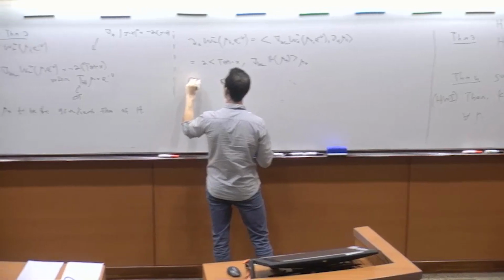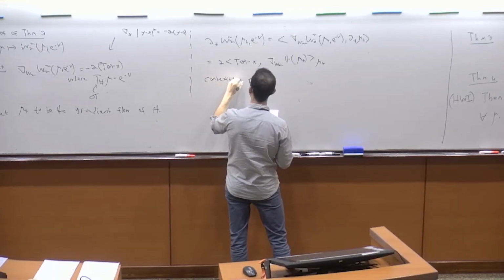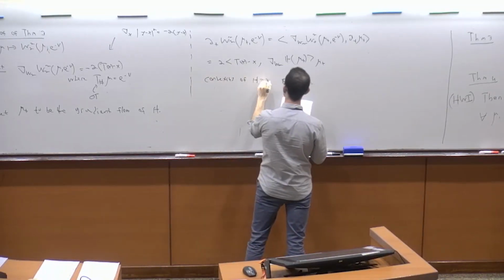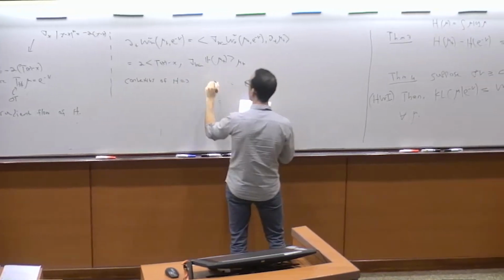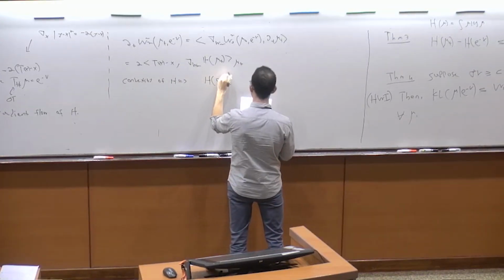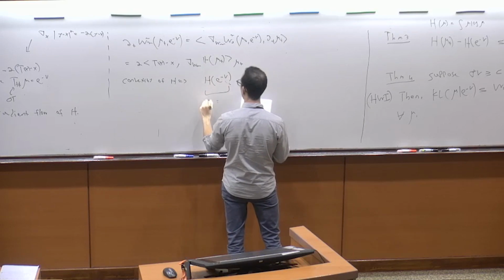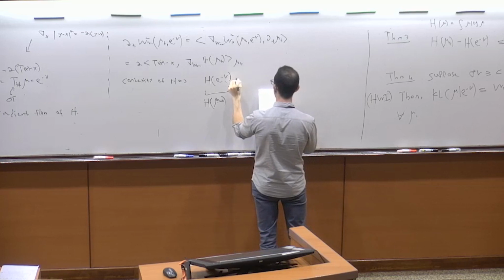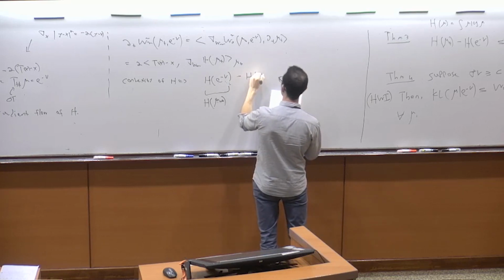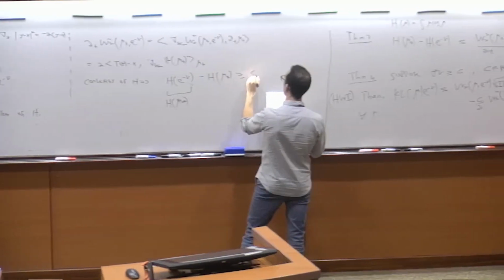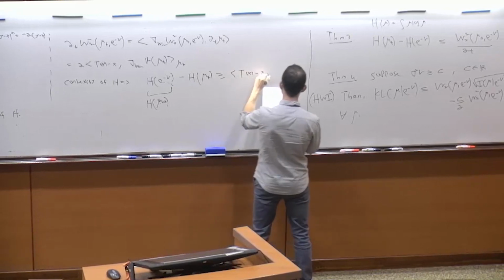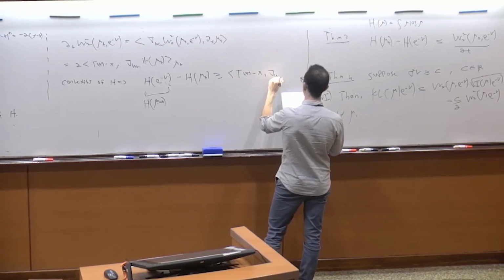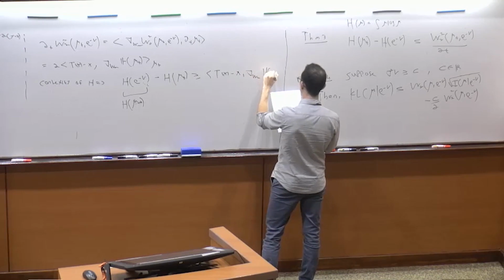So the convexity of H implies that if we look at H of e minus V, which we should think of as H of mu infinity, minus H of mu t, is upper bounded by Tx minus x, and then the gradient of H at mu t.